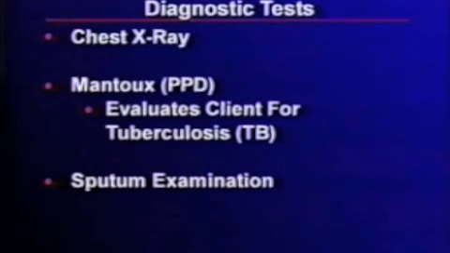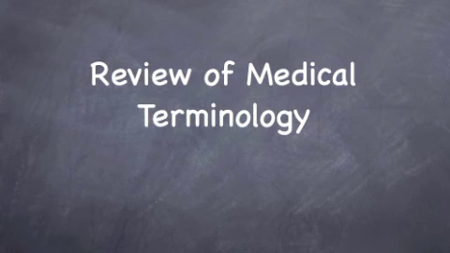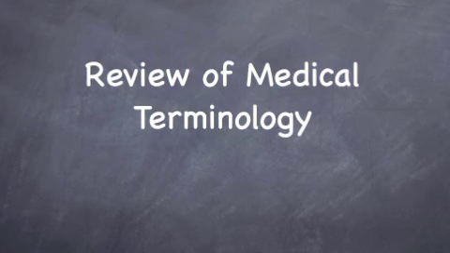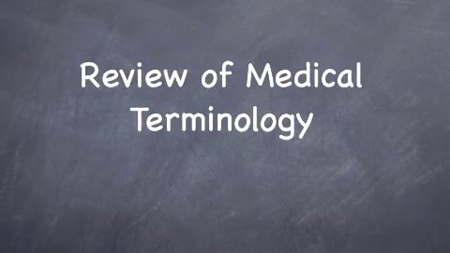Now, this next part, I want to just remind you about because we're going to talk about this again in almost every single section. When we look at some of these diagnostic tests, there are pieces of the word that will be the same regardless of whether they're talking about the lungs or the abdomen. It doesn't make any difference.